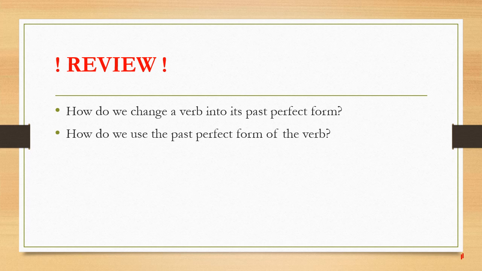Sa Ilonggo pa, usaron ang past perfect tense para sa isa ka action nga natapos na nga daan bag-o ang isa pa ka action matabo. So ang una nga action nga natabo amo na siya ang tagaan naton sang past perfect form nga tense. Ang ikaduwa nga action amo na siya ang simple past form. Okay? I hope again klaro ang tanan kag naintindihan ang aton nga lesson for today.